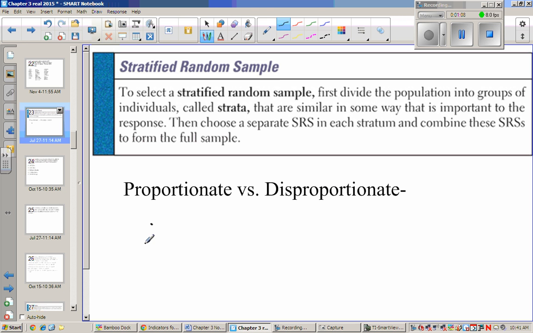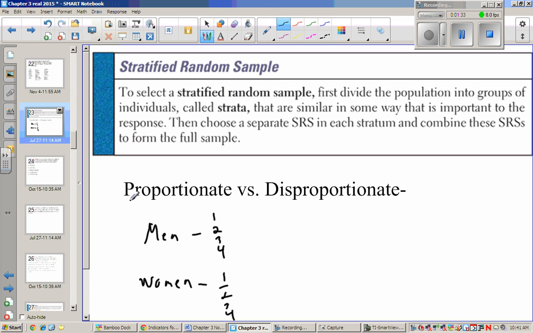So I would divide the population into men and women, and then you do an SRS in each of these. So then you go through all the steps where you number all the men, use your calculator to pick a sample, figure out when to stop, and then identify your sample. And then you do that same thing for the women.